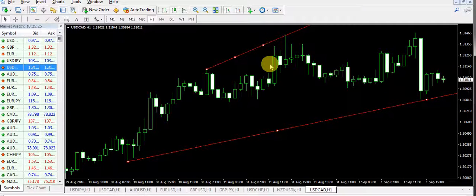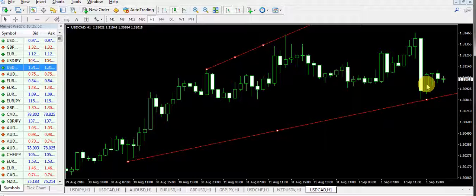What I prefer is, for example, let's say this is the trend line and this is the lower boundary of the market. It would be perfect if you buy the pair from here, but it does not mean that after a very long bearish candle you instantly buy the pair. This is the second mistake traders make.